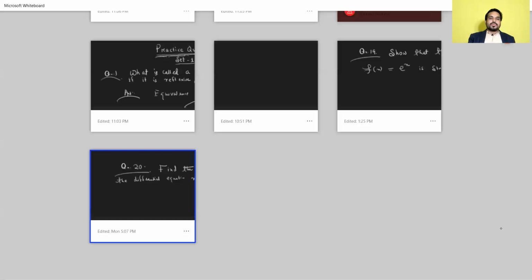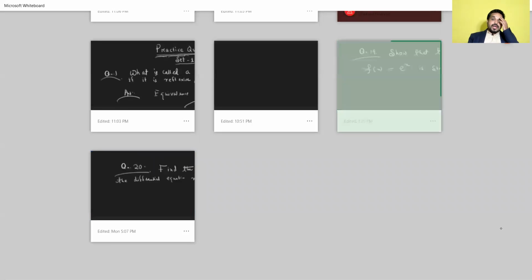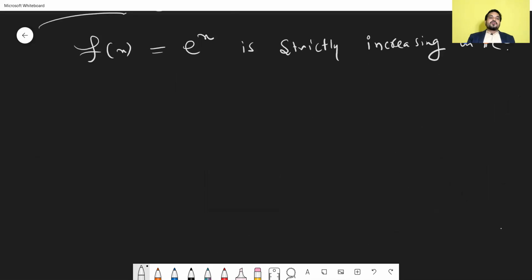So now we come to question number 19. In question number 19, it is from derivative. F of x equals e to the x is strictly increasing on R. So how to prove it is strictly increasing? Let x1 less than x2. Suppose two values we have taken, it is the first derivative test. From first derivative, we will solve it. So x1 less than x2. So now student, e to the power x1 is also less than e to the power x2.